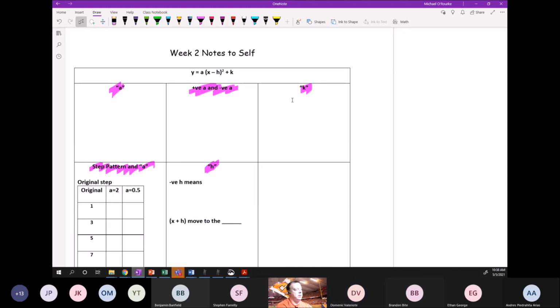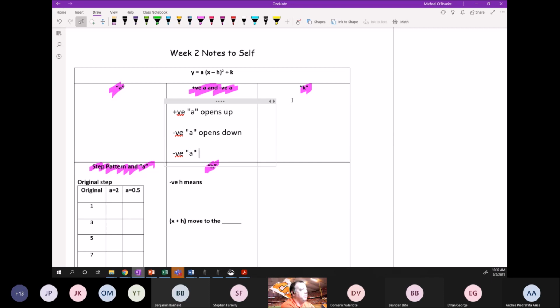So positive a opens up. Negative a opens down.